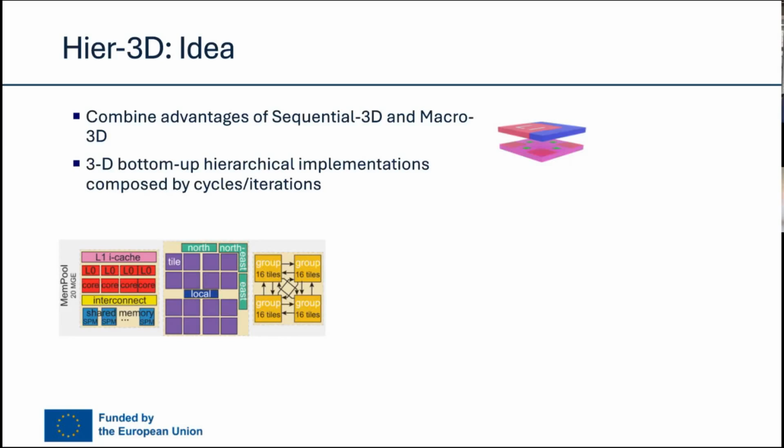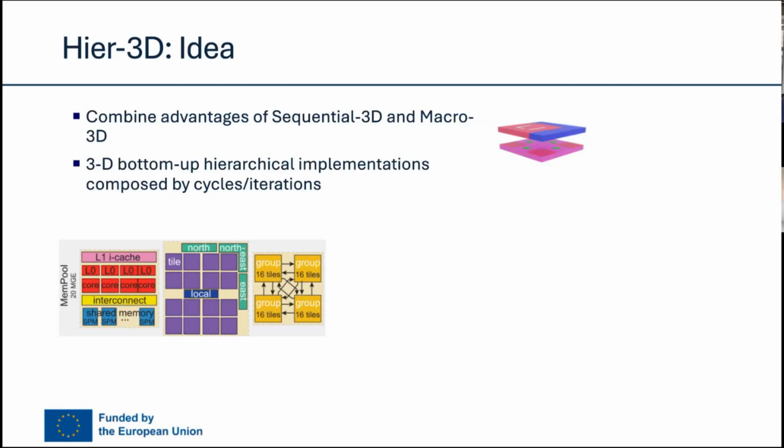Let's imagine that, again, we want to implement the MemPool. So the first thing that we are going to do is to define our hierarchy, our steps. In this case, they are pretty clear just by the definition of the hierarchy in the design. So we have the tile, the group, and then the complete system with the 4 groups. Then we start with the implementation of the core.